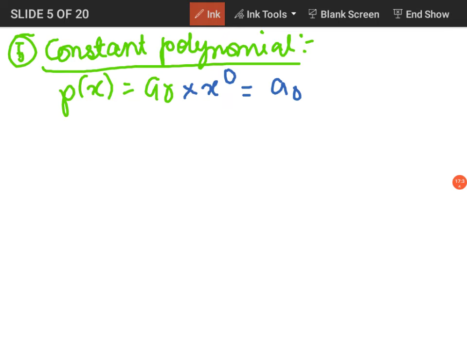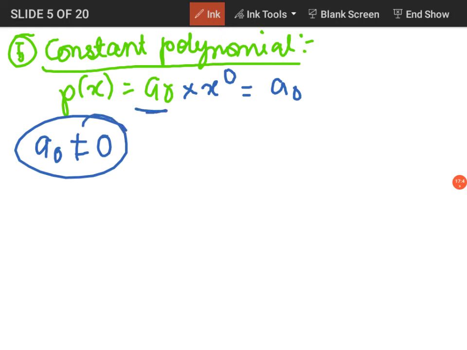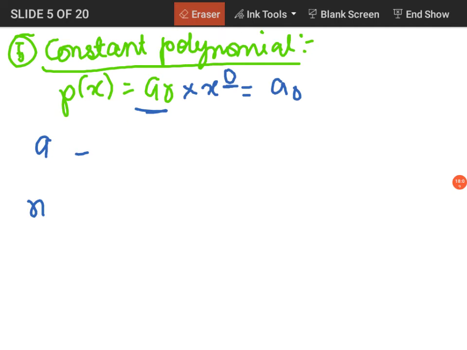We defined that a naught cannot be equal to 0, and here also we find that a naught is not 0, and we defined that n has to be a non-negative integer. Non-negative means that we also include 0. So here also you can see that the power of x is 0. Both the conditions are satisfied, so we can say that p(x) is a polynomial. And if asked to tell the degree of a constant polynomial, it will be nothing but 0, right?